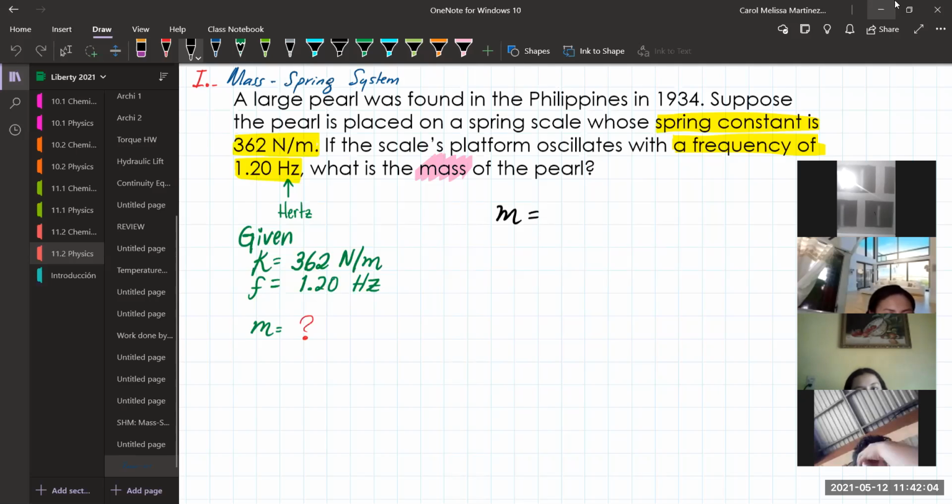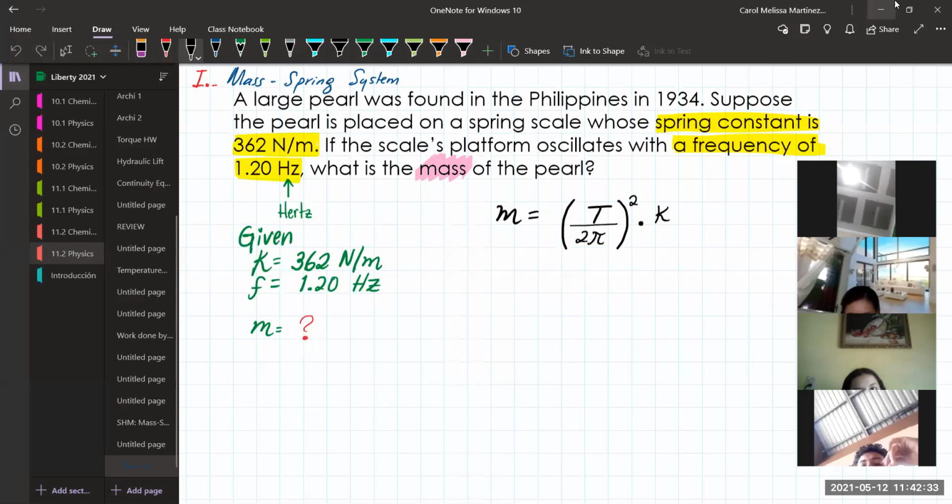Mass is equal to the period divided by 2 pi, and all this is multiplied times the constant K. So according to the formula to find the mass, what am I missing?